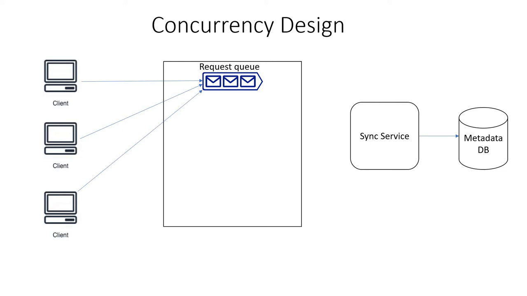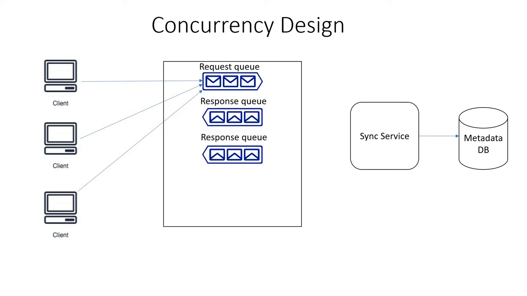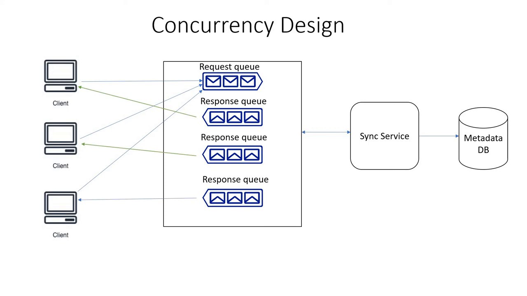Now we can also have response queues, and we can have multiple response queues. If the request queue gets something, it will update the synchronization service. And the synchronization service will respond back and use the response queues to send the new changes to our clients. This way, all the clients will always be updated with the new changes.